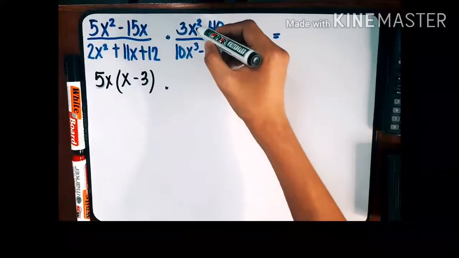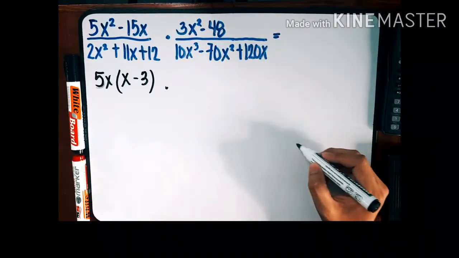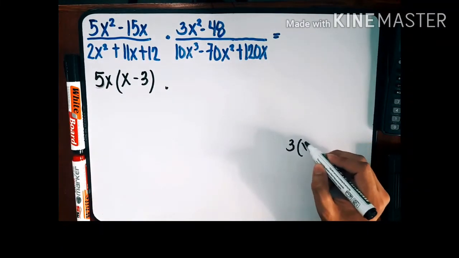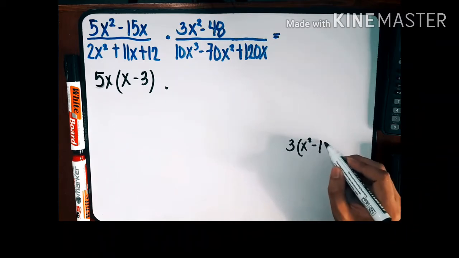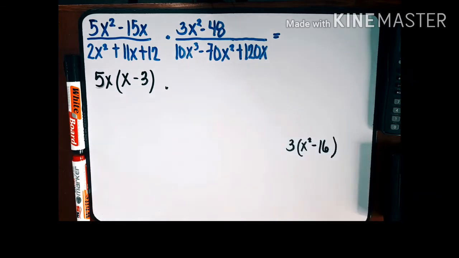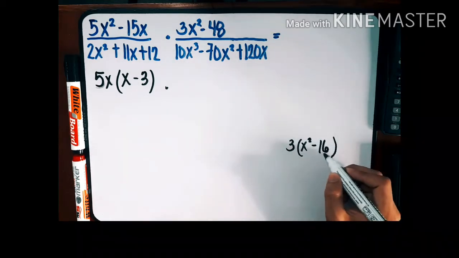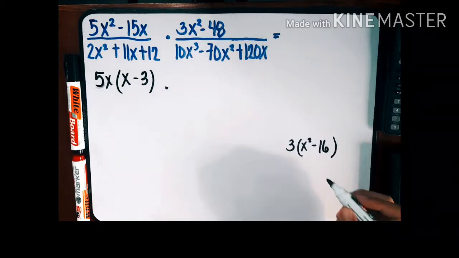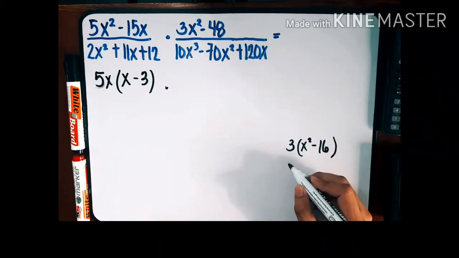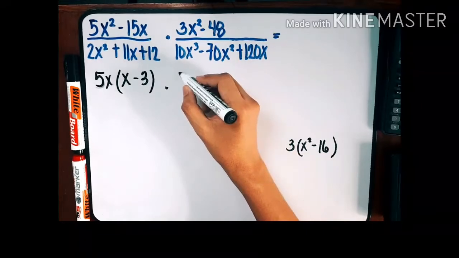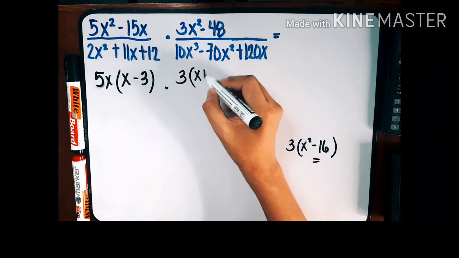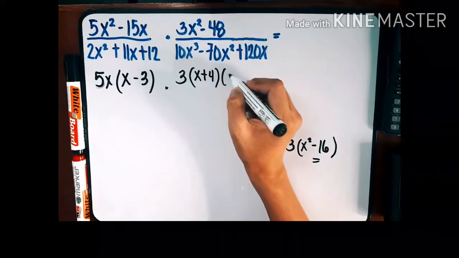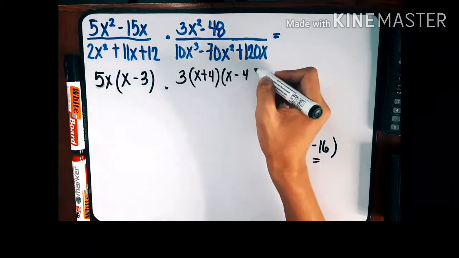So, alam naman natin, pag kinuha natin yung GCF niyan, it will be 3 multiplied by x squared minus 16. Okay? And itong x squared minus 16 is the difference of a square. So, pwede pa natin siyang i-factor out, which is magiging 3 multiplied x plus 4 and x minus 4.